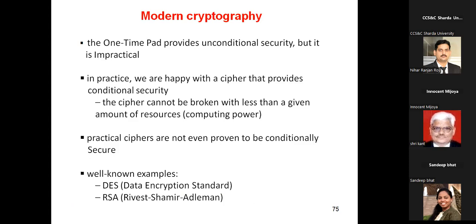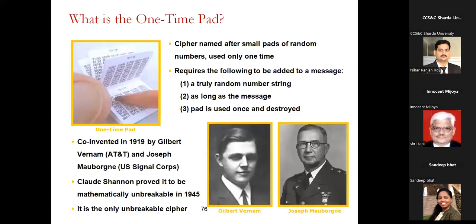In practice, we are happy with a cipher that provides conditional security, a cipher that cannot be broken with less than a given amount of resources, computing power. Practical ciphers are not even proven to be conditionally secure. Well-known examples are DES and RSA, which we will discuss separately with my other colleague.